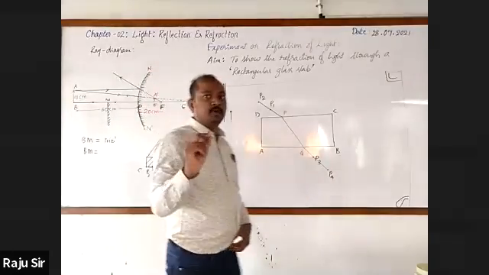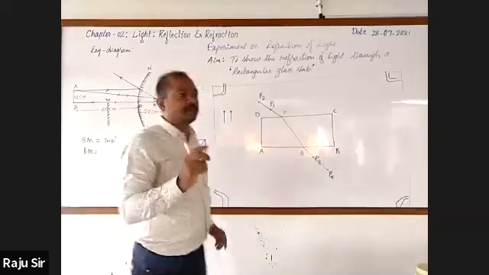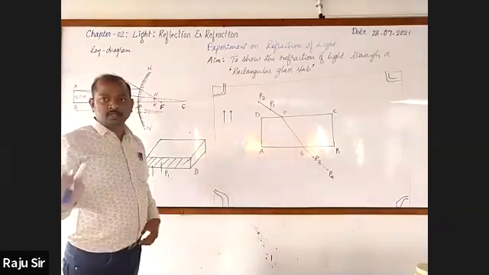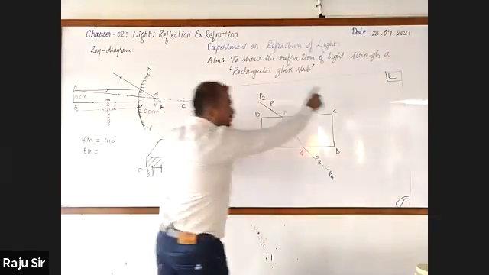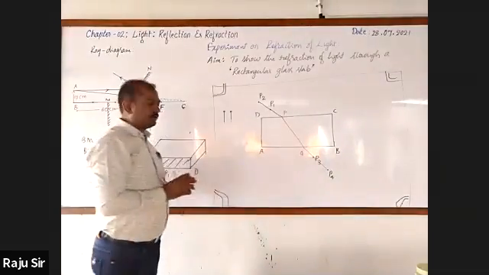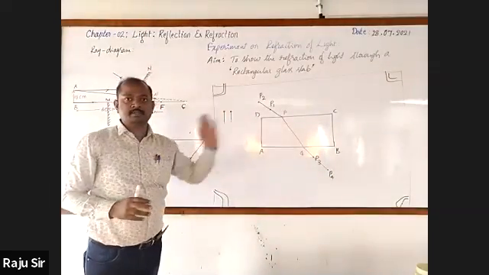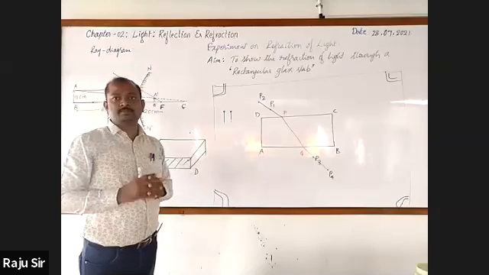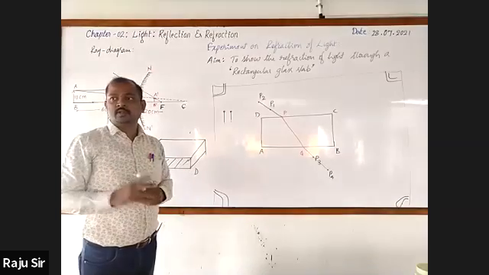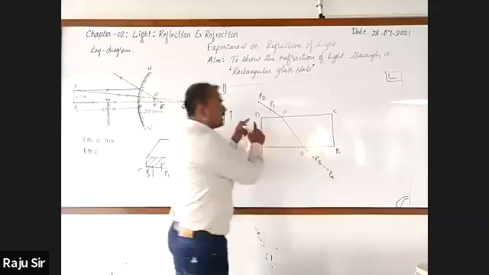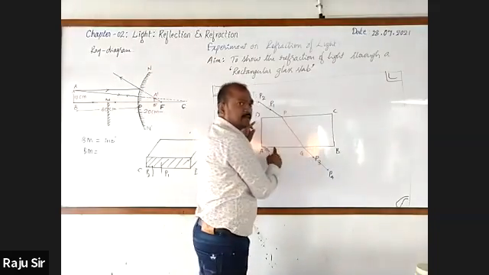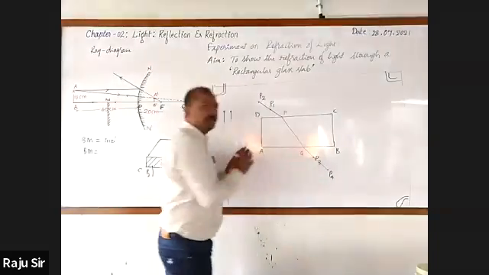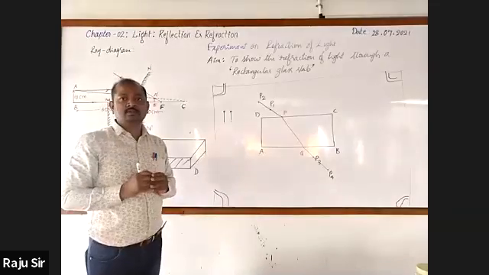Now let me tell you point-wise. Listen carefully. First, take a drawing sheet and fix it to the drawing board using clips. First point is over. Second point, take a rectangular glass slab and place it at the middle of the drawing sheet.